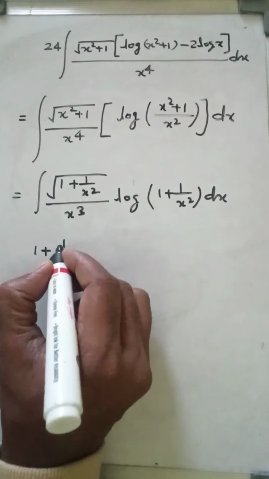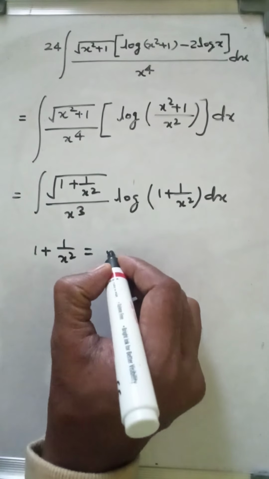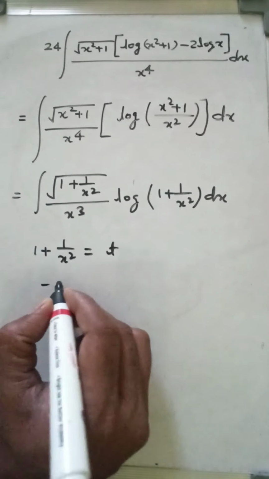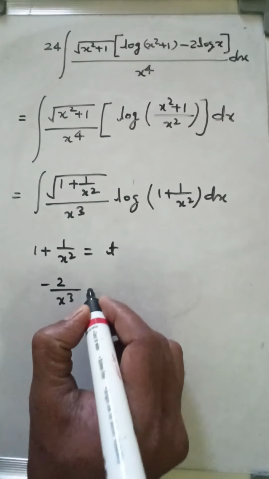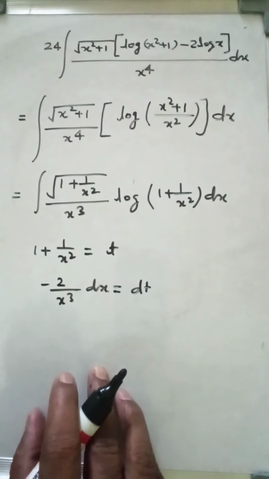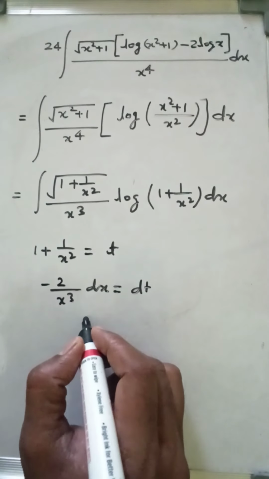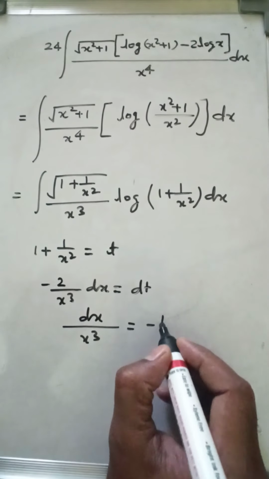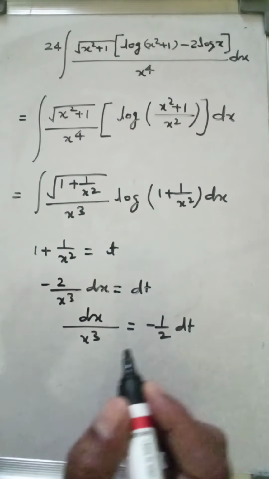Now 1 plus 1 by x square equal to t. Okay, differentiate both sides: minus 2 by x cube dx equal to dt. So dx by x cube equal to minus 1 by 2 into dt.